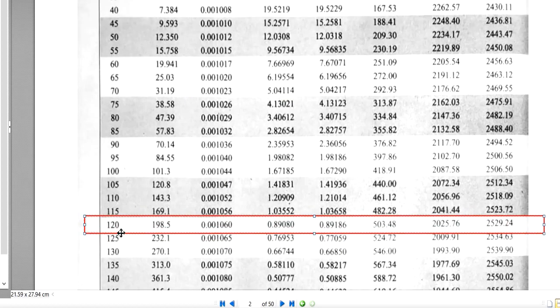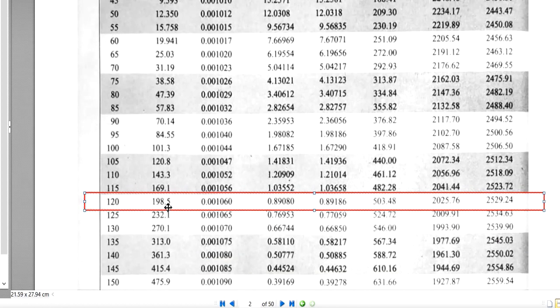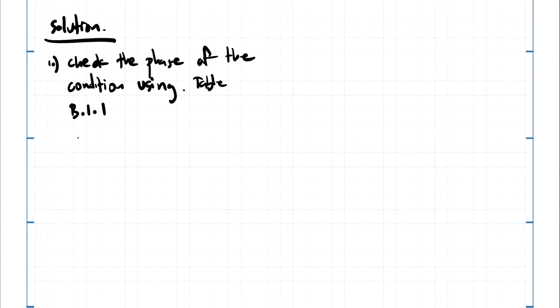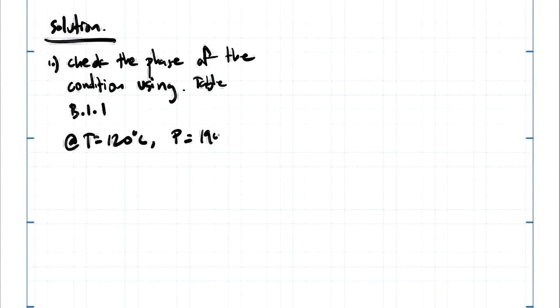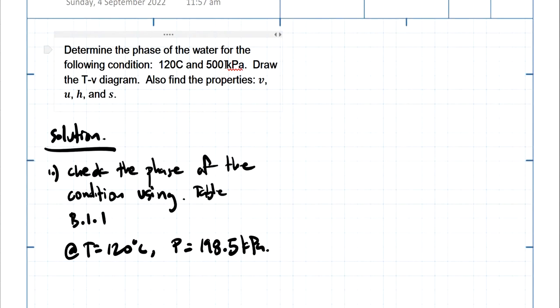So at 120 degrees C, the pressure is 198.5. So let's write it here. At T equal to 120 degrees C, the pressure P is equal to 198.5 kilopascals. So this is the saturation pressure, and the given pressure is 500 kPa.